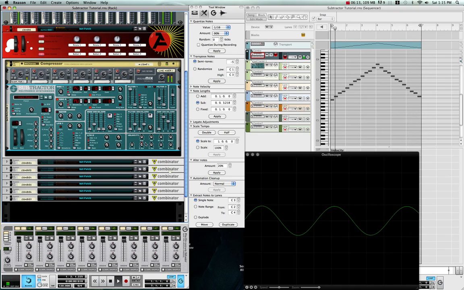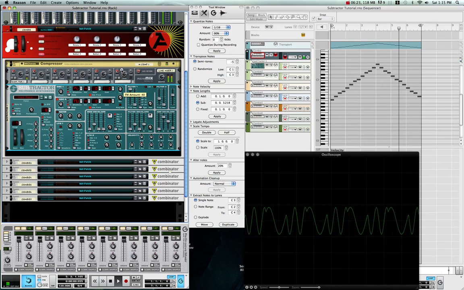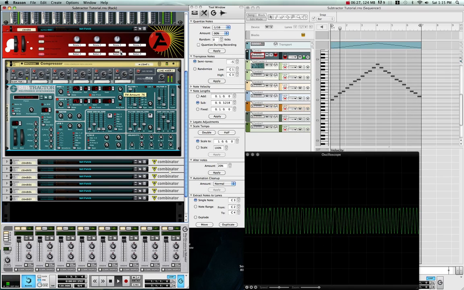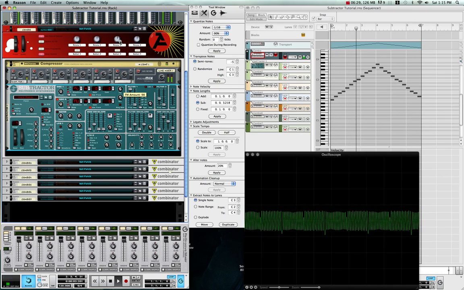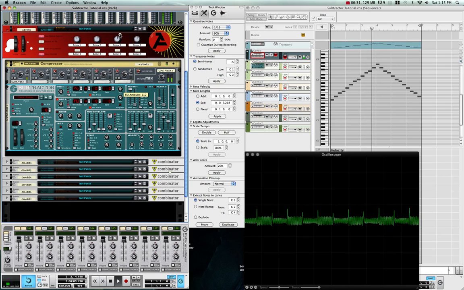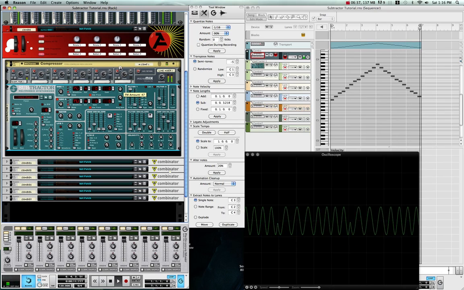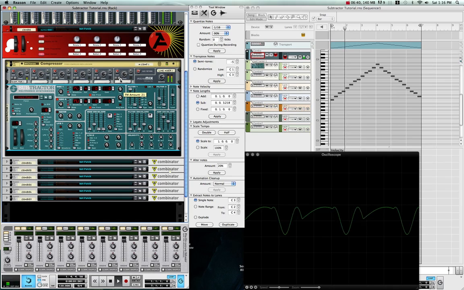Let's take a look and see what that looks like. You can get a lot of frequency modulation. Back to a sine.